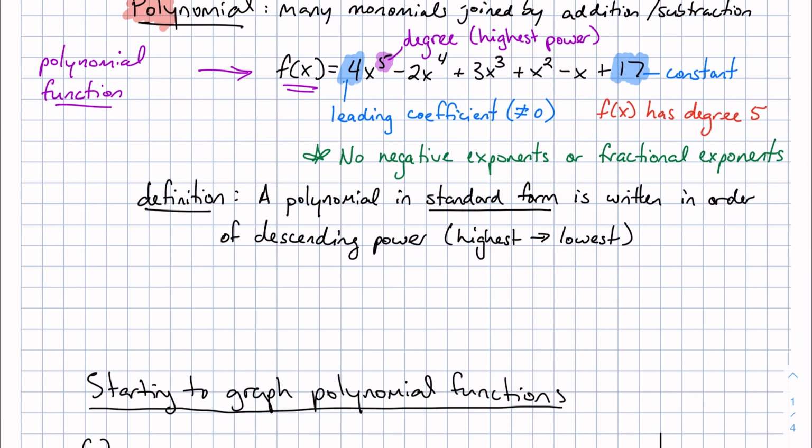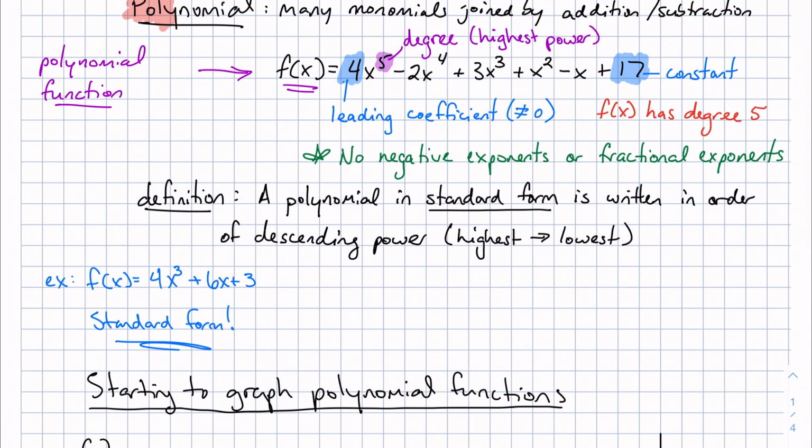Some examples of this. If I were to say 4x cubed plus 6x plus 3, well, this is in standard form. My powers go from greatest to least: 3, 1, 0.